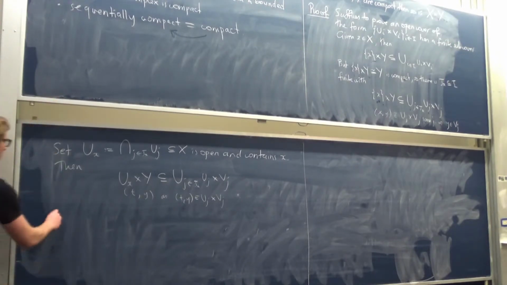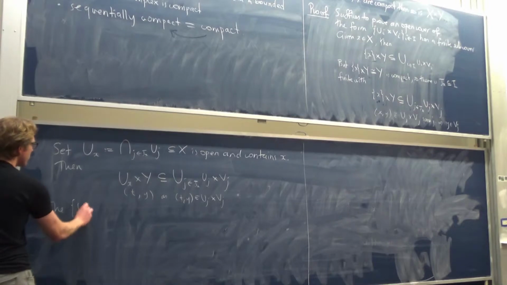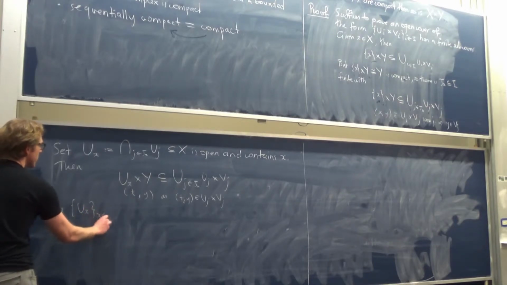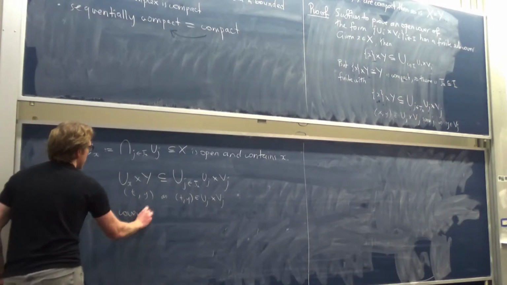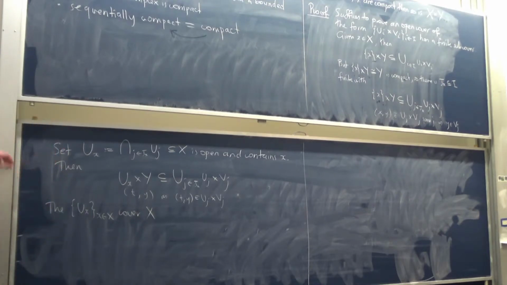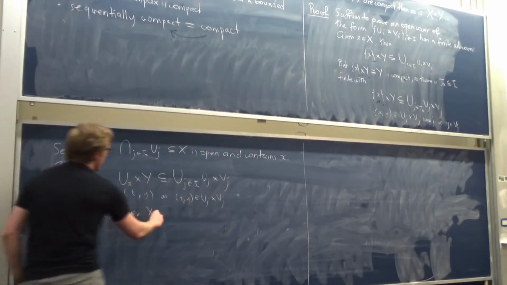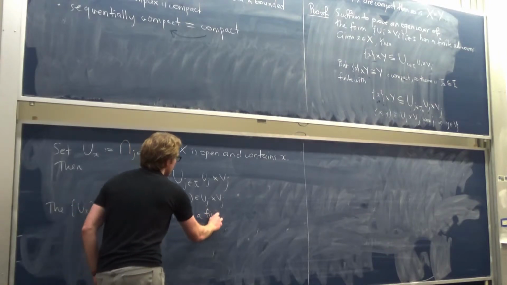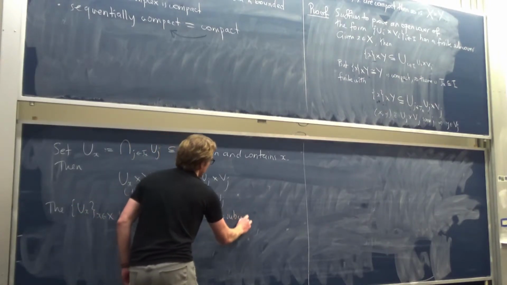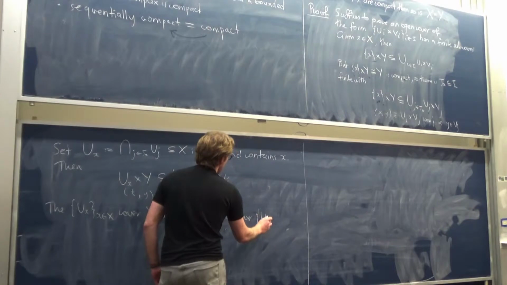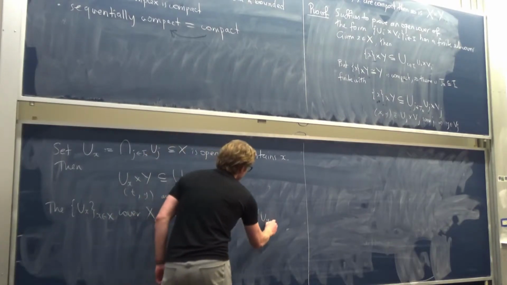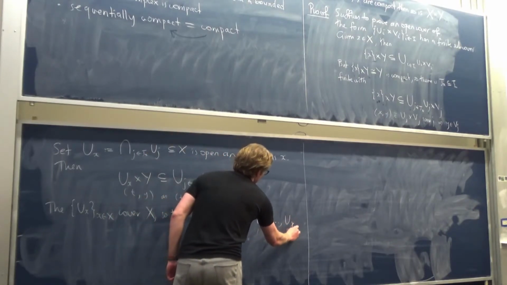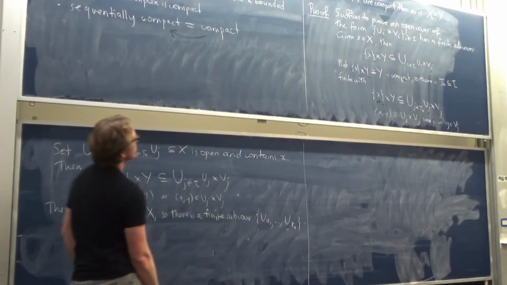So we haven't used compactness of X yet. Well, we've constructed an open set for each x which contains x, so all of them together cover X. And X is compact, so there is a finite subcover Ux1 up to Uxn, say.